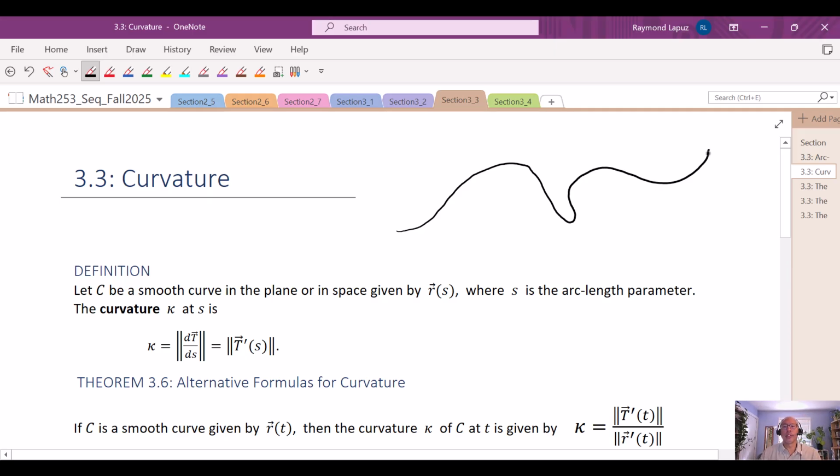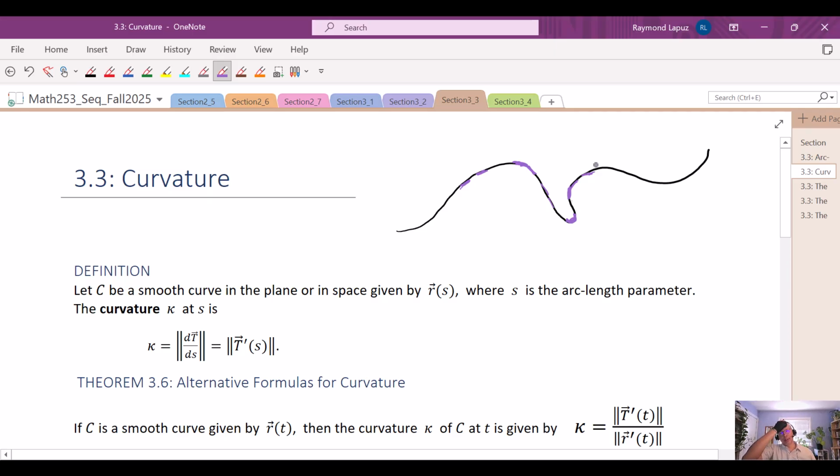If we draw some random curve that maybe looks like that, we can see that in certain places, like in this place, it's fairly flat, and then over here it gets a little bit curvier, and then it flattens out again, and over here it gets super curvy, and then over here there's another curve, and then this one flattens out.